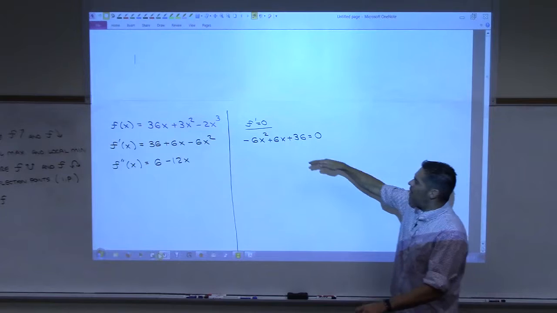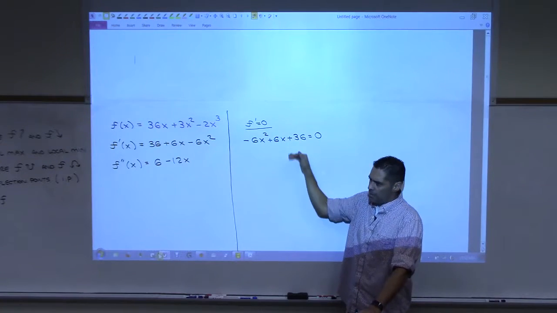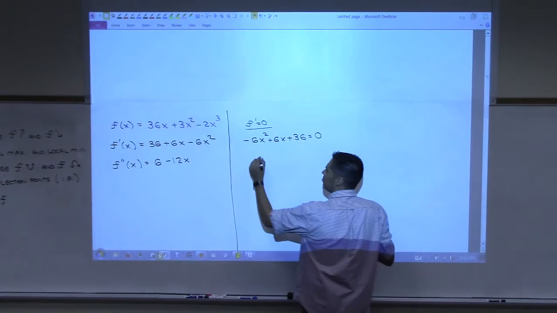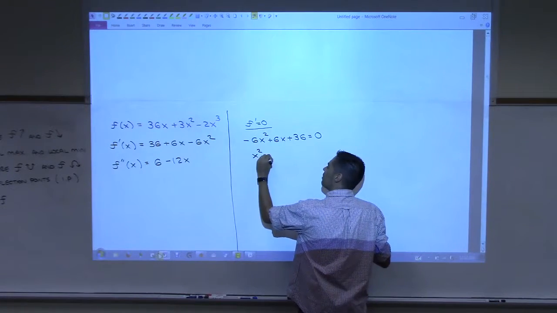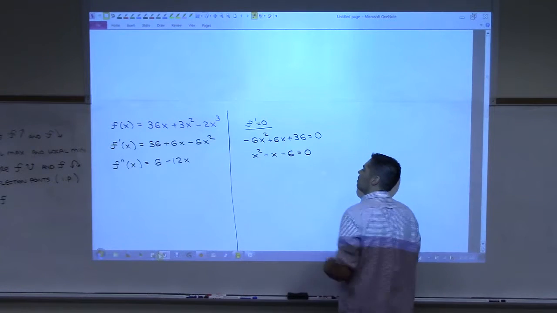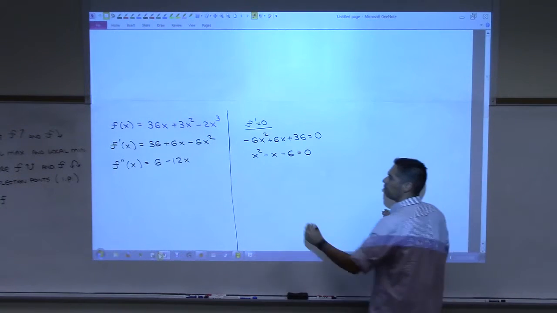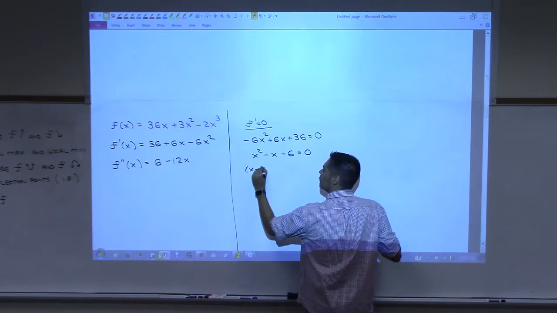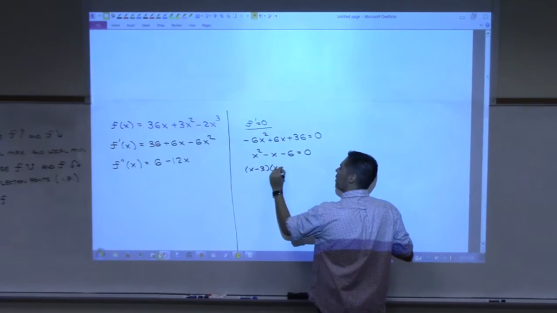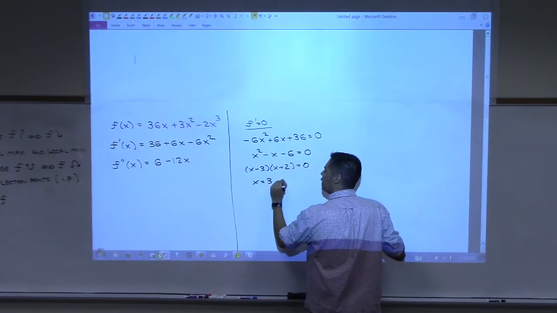But please understand, I would trust that everyone in this class could solve this quadratic equation. The way you do it is up to you, but I'm going to divide by -6. That's what I would get if I divided by -6. And then I'm going to try and factor. Does it factor? -3 and +2. And so I get two solutions, 3 and -2.